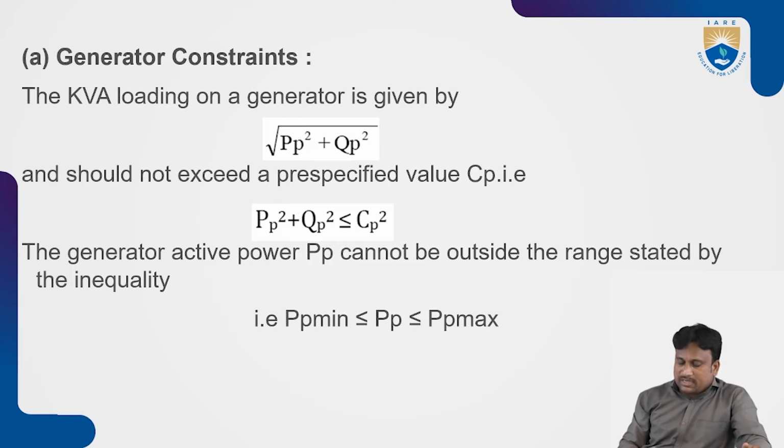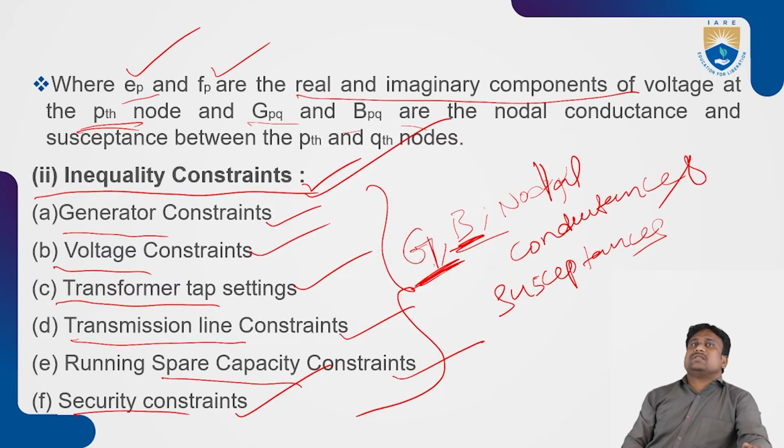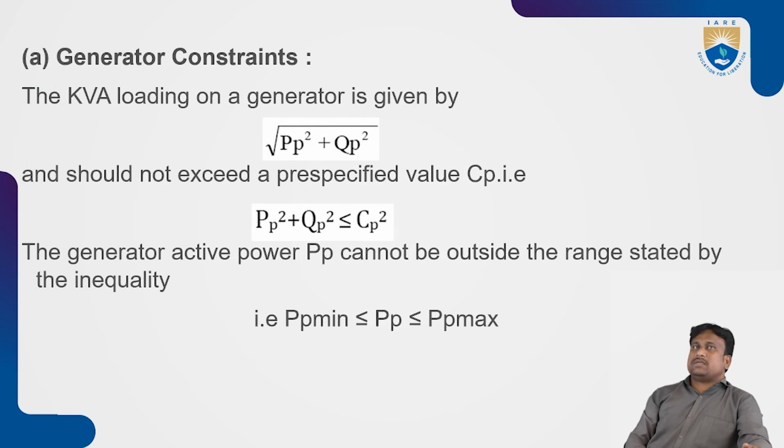First, we will go with the generator constraints. What are generator constraints? Usually, you know that a generator generates power, which will be real and reactive in nature. Real power is for useful work, and reactive power is for the production of field in the machine.